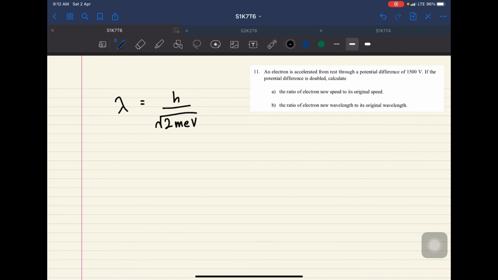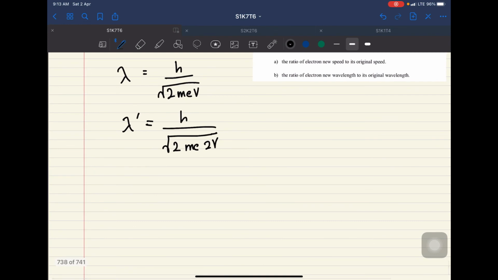When V is equal to 1500. If V is doubled, then my equation becomes the square root of 2 times e times V. Again, you can substitute the values if you want to. So for the ratio of electron, I can again factorize the square root of 2 there.